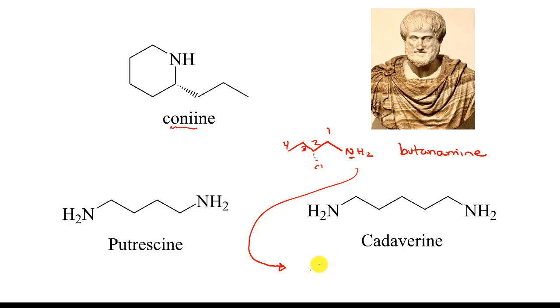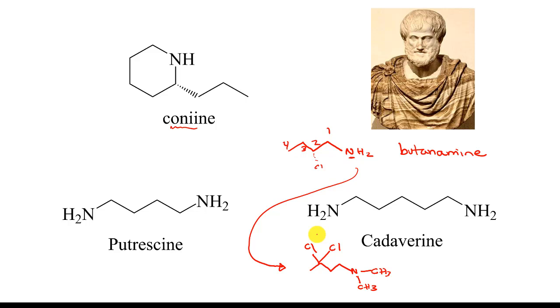So, for example, let me draw this butanamine again, but I'm going to draw a CH3 here and a CH3 here, and then I'm going to put two chloros here, Cl and Cl like that, okay? So again, it's butanamine.